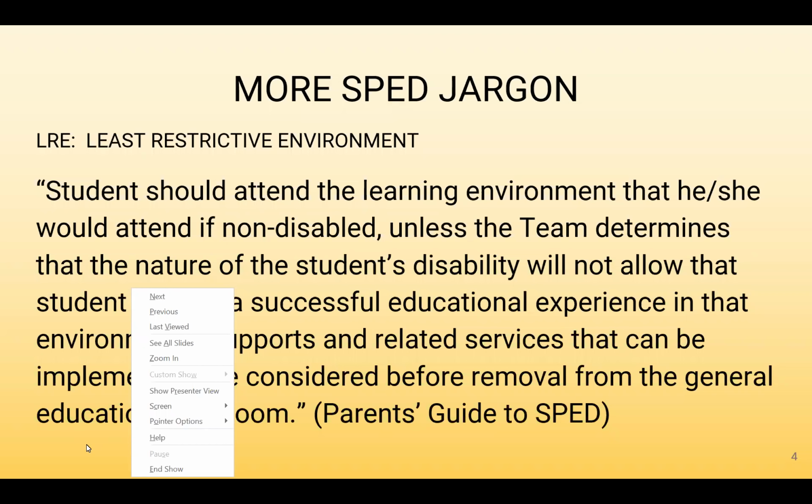The least restrictive environment is within a general education classroom with accommodations or with whatever help the student will need to be successful. However, some students can't be successful in a large classroom. And so there are other settings, and again, there's a gradation of what the least restrictive environment is. What could be the least restrictive environment for one student might be too restrictive for another student. So this is much more on an individual basis.